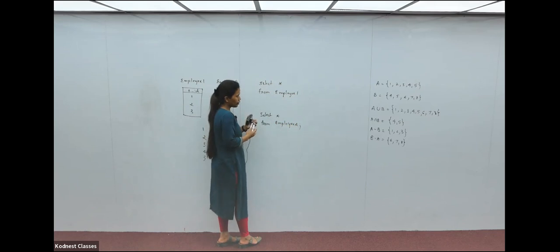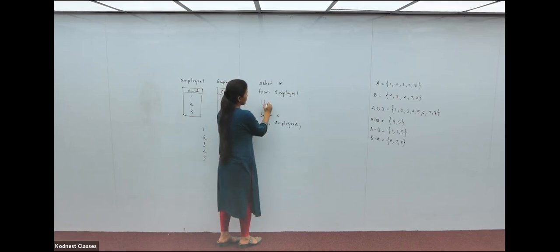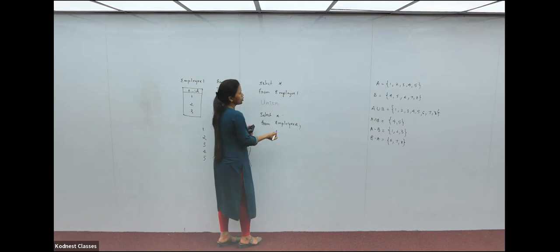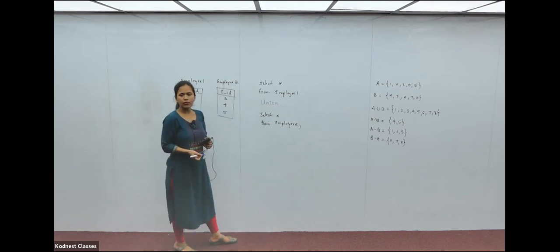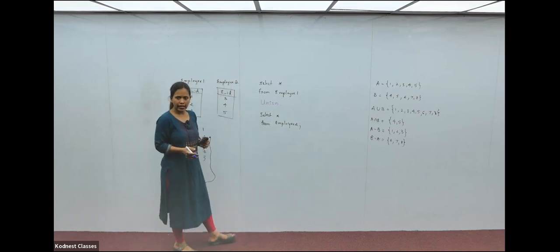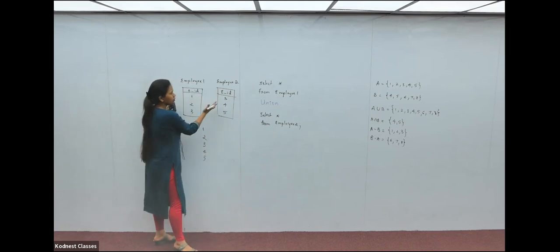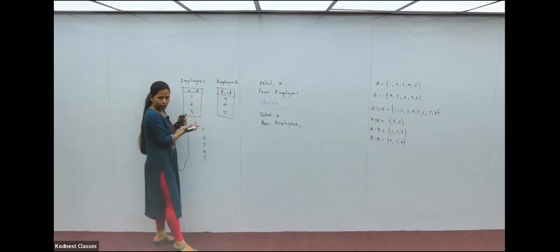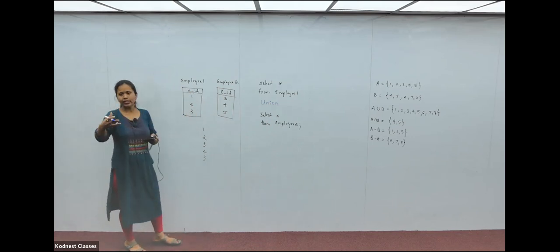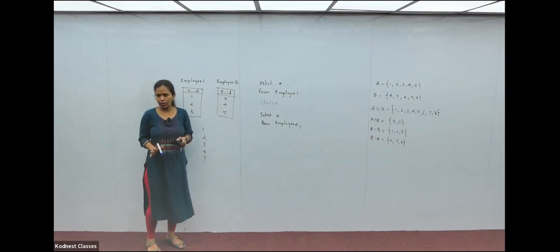And what I am going to perform is, just a minute, the union of both. Did everyone get this? So when I say employee 1 will be performing union with employee 2, together it is going to merge them, and if there are common records, only once it is going to give them.